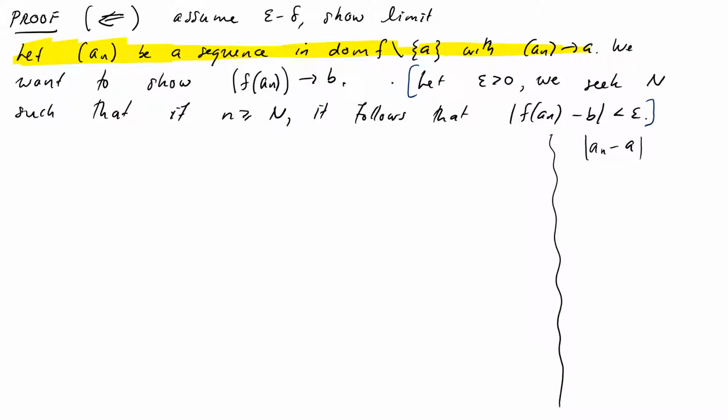And epsilon-delta, what does that mean? Well, that says I can make f(x) minus b as small as I like by choosing a delta. The delta that I get is like 0 is less than |x minus a| is less than delta. So there are some similarities here. I noticed that I've got a similar looking term here and here.